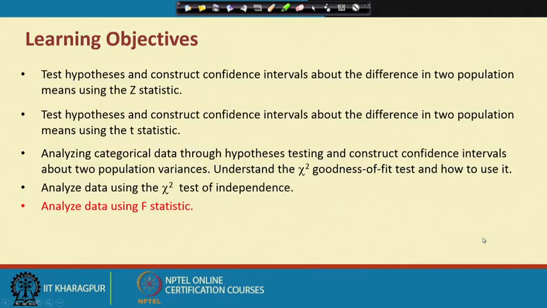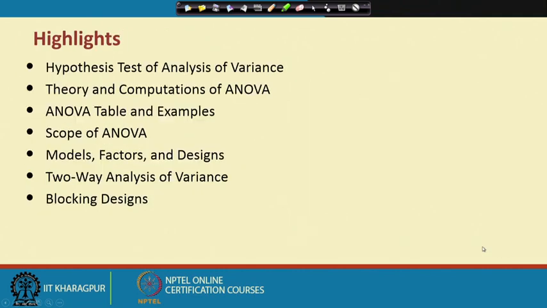These are the learning objectives, and the highlights of this lecture are to go for analysis of variance, to know the theoretical aspects and computation of ANOVA, that is analysis of variance, and then ANOVA tables and examples.